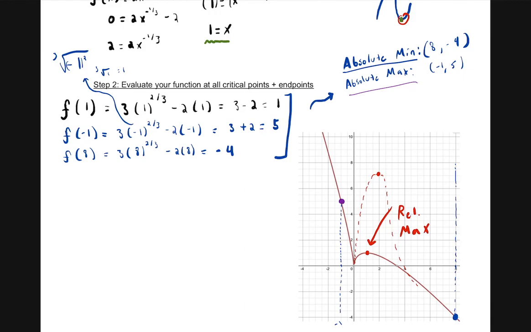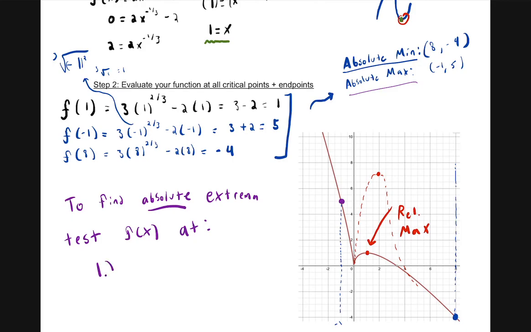So the key point for today, to find absolute extrema, you have to test f of x at two types of locations.